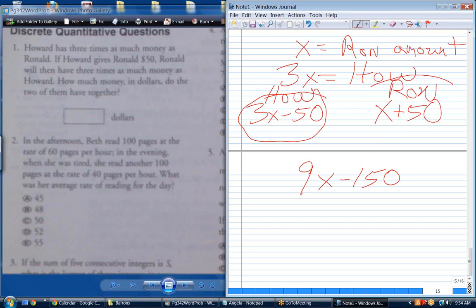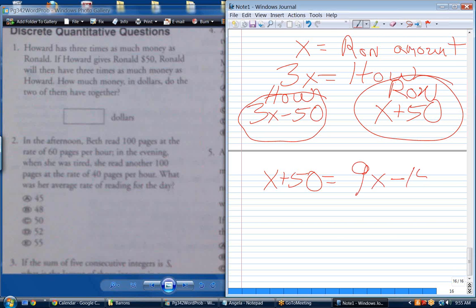Oh, okay. Now it's easy. Now they're saying that Ronald's amount, X plus 50, is equal to 3 times Howard's amount, 9X minus 150.